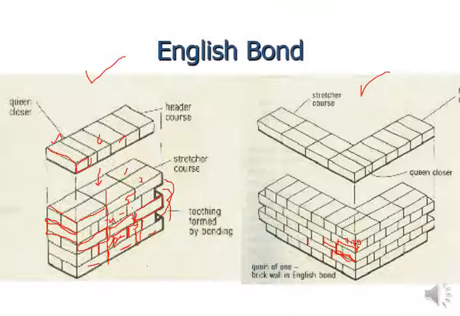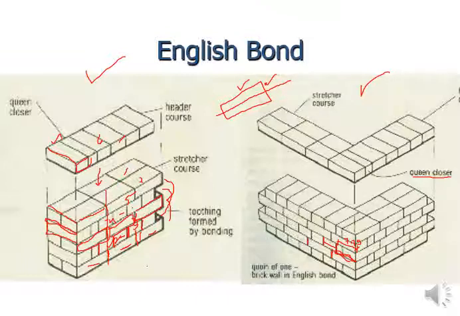ठीक है, क्वीन ब्रिक या क्वीन क्लोजर कहते हैं इसको. We have been discussing that if you are going to cut your brick, this is the total brick, you are cutting along the length. So this dimension will be 2.25 for the queen closer. This one is 2.25, this one is the same 9 inch.